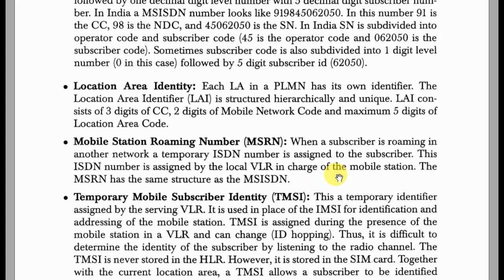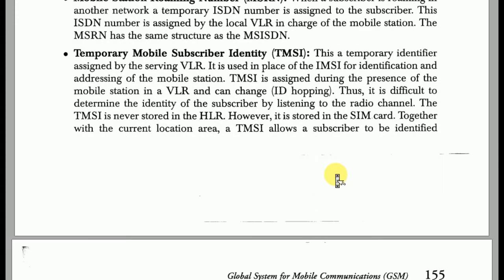Then the next one is temporary mobile subscriber identity, that is TMSI. This is a temporary identifier assigned by the serving VLR. It is used in place of the IMSI for identification and addressing of the mobile station. TMSI is assigned during the presence of the mobile station in a VLR and can change. Thus, it is difficult to determine the identity of the subscriber by listening to the radio channel.